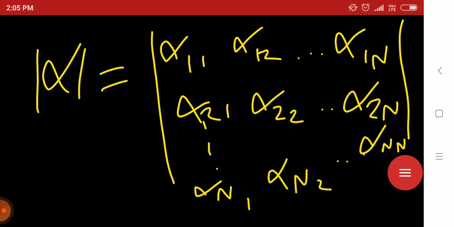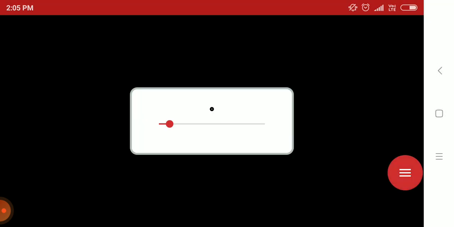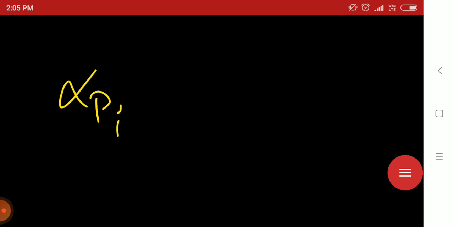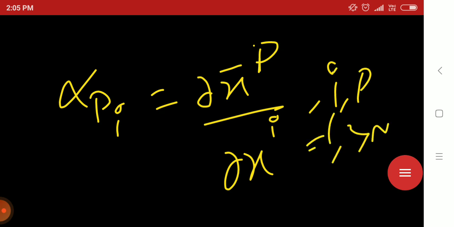So this is the transformation determinant, and from this transformation relation we are getting that alpha pi equals del x bar p by del x i, where i and p run over 1, 2, to n for n dimensional space.